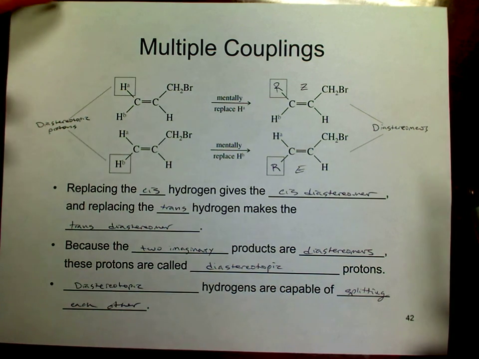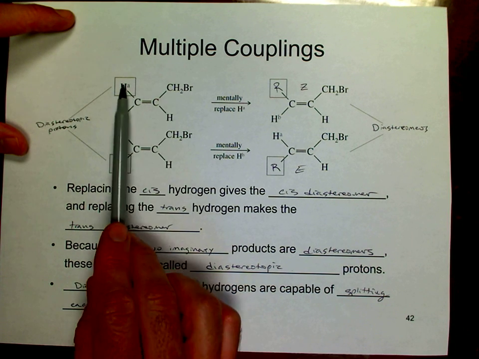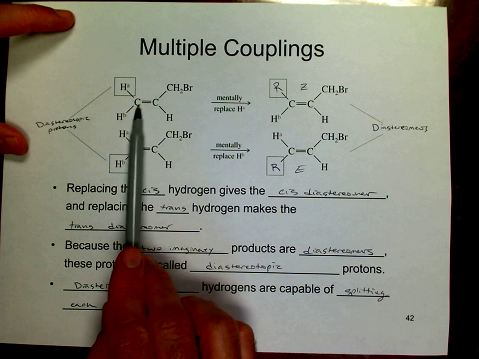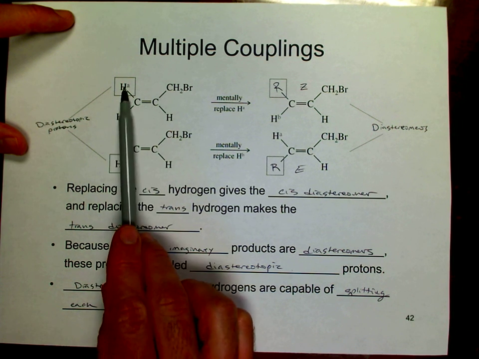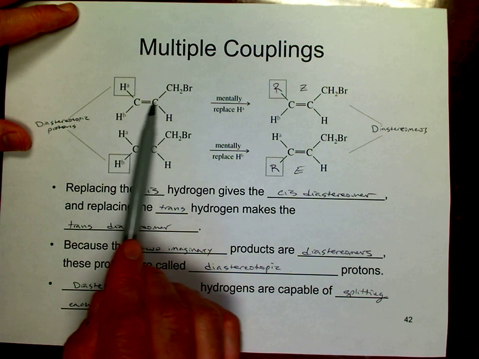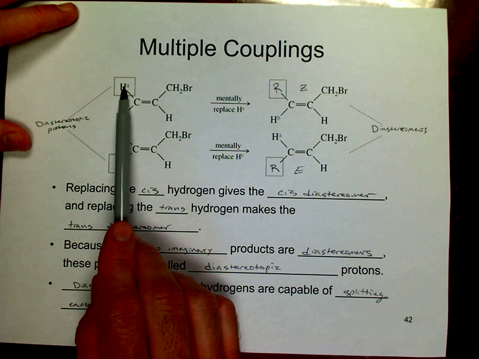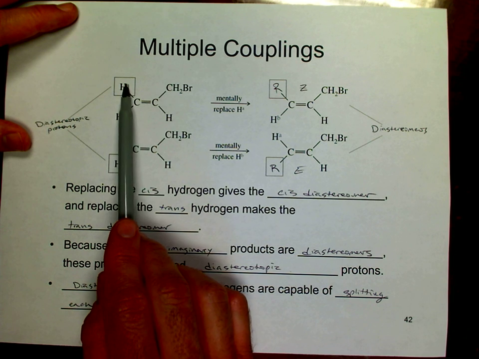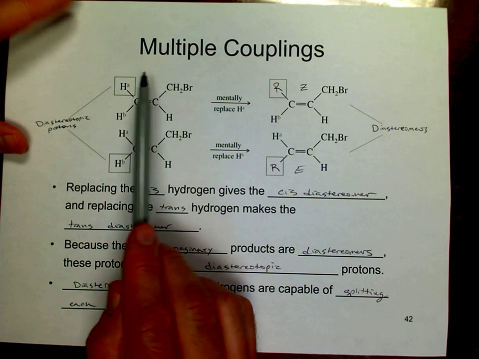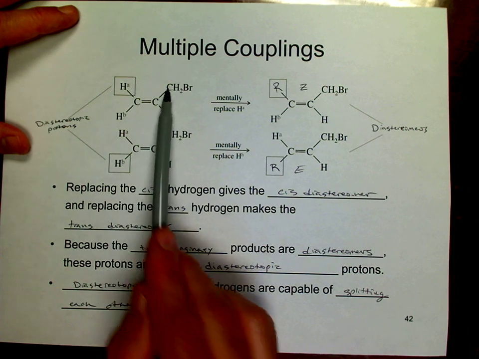So now we not only have to worry about this trans coupling, if you will, here, but we have to worry about this proton also coupling to that. And for this proton, we not only have to worry about the cis coupling, but this proton coupling back to that, because these two protons are different protons. And it makes sense because this orientation right here is locked. So this proton is feeling a different chemical and electronic environment than this one, because this one has some stuff over here, whereas this one only has a proton. So it of course makes sense that they would be non-equivalent, because they're seeing different things.